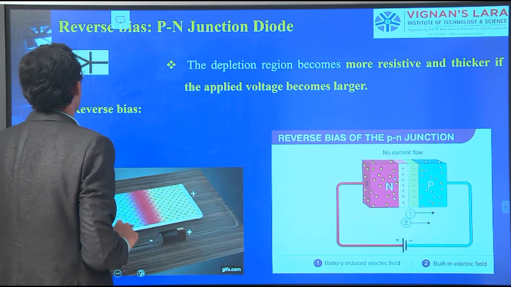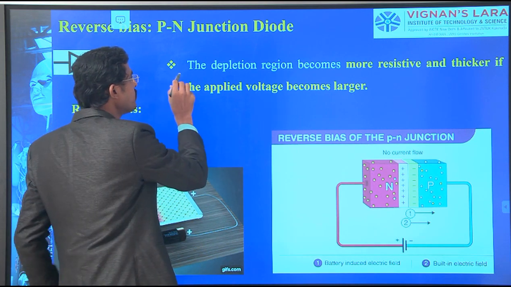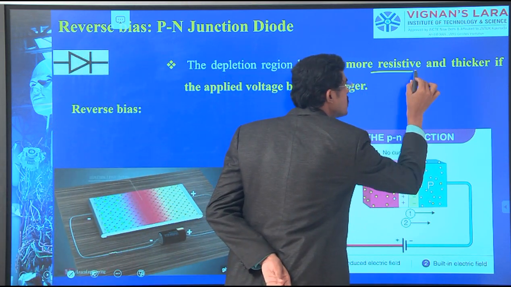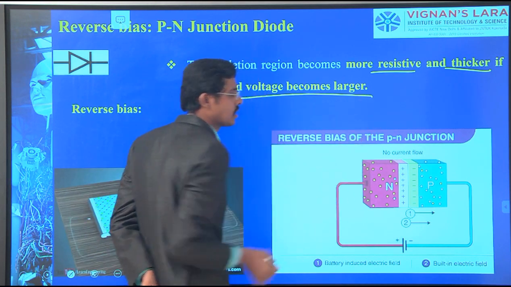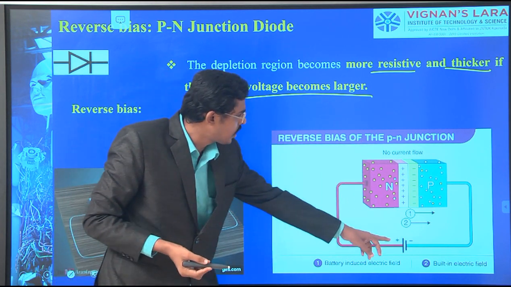Now I am going on. This depletion region becomes more resistive and thicker if the applied voltage becomes larger. So when I keep on increasing the voltage, what happens?